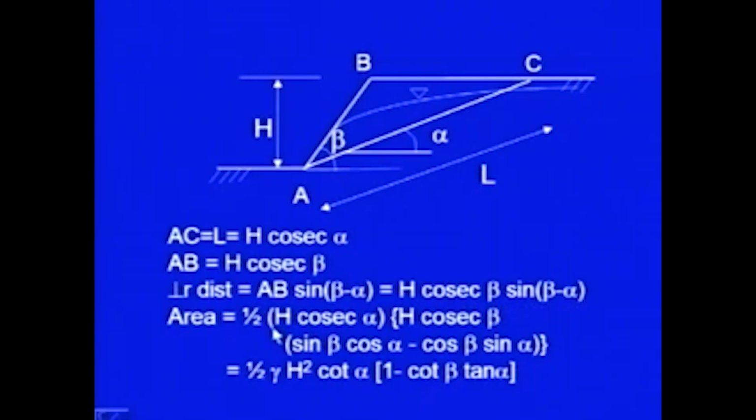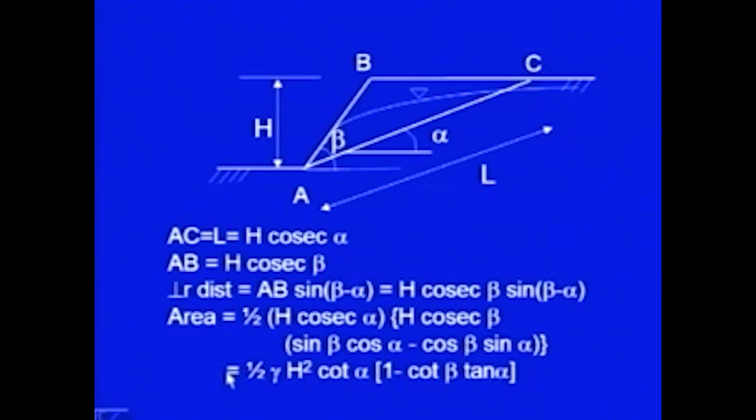So, I get the area equal to half into AC, which is h cosec alpha, into this perpendicular distance, h cosec beta and sin beta cos alpha minus cos beta sin alpha.